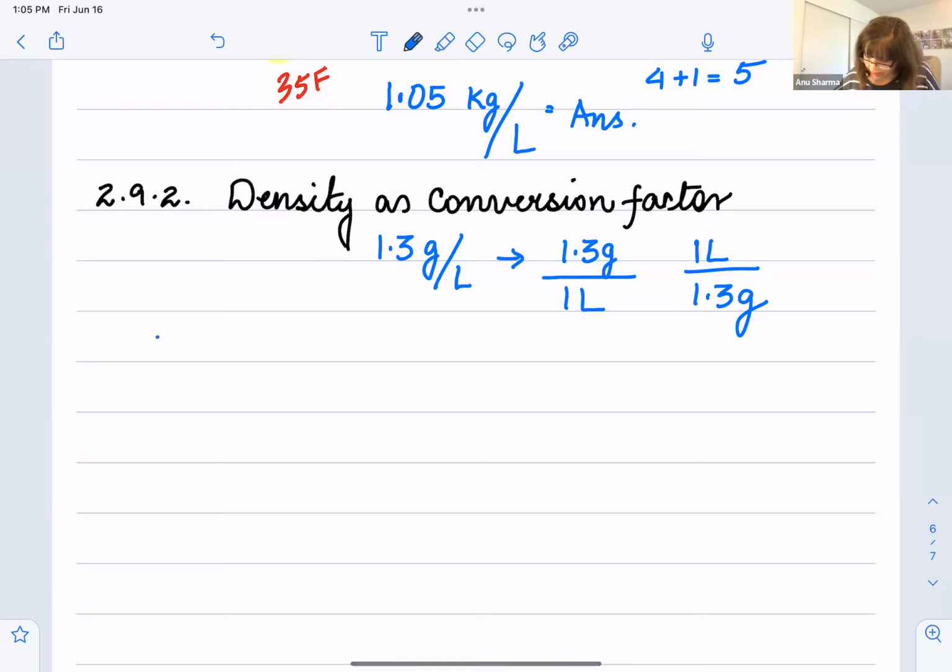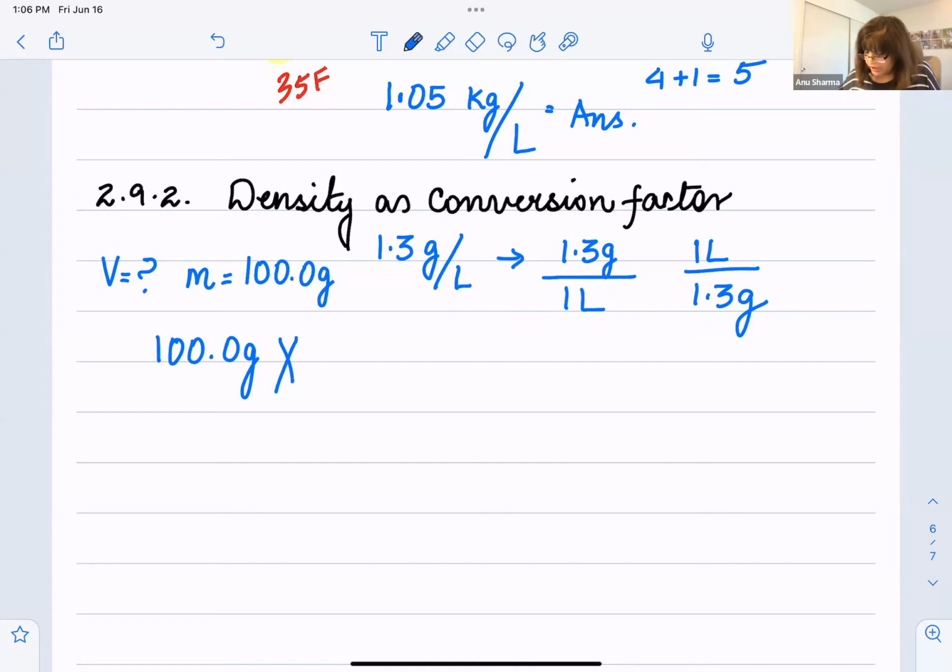So if you are given 100.0 grams of air, what volume is that? We need to find the volume. The mass given is 100.0 grams.